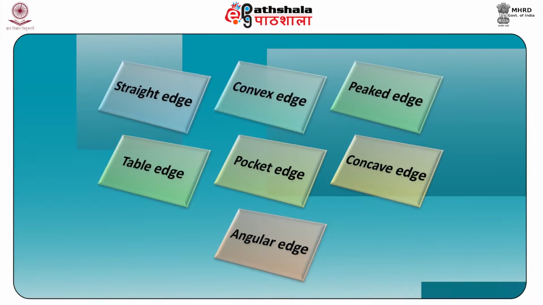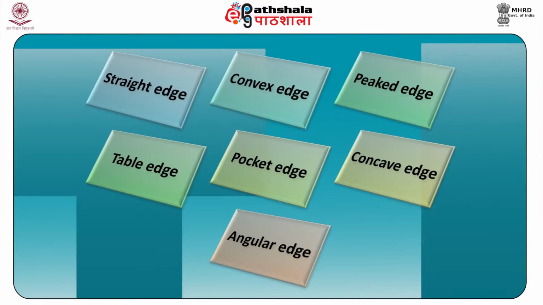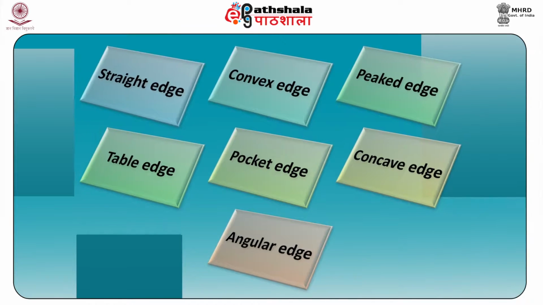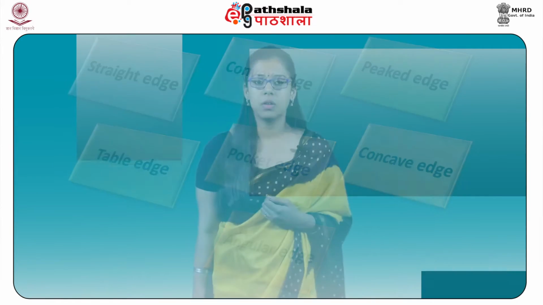Chatterjee in 1962 classified the characteristics of edges of the friction skin into 7 classes, that is the straight edge, convex edge, peaked edge, table edge, pocket edge, concave edge and the angular edge. The types of surface on which these chance prints appear and the kind of ink used affect the visibility of these ridges.